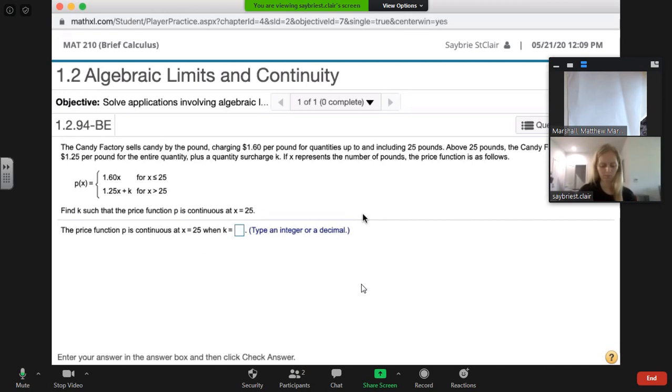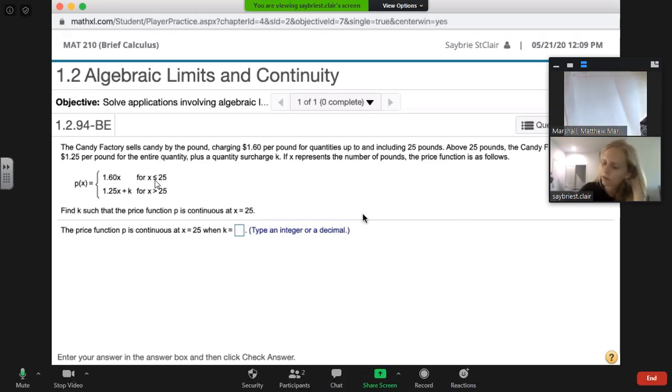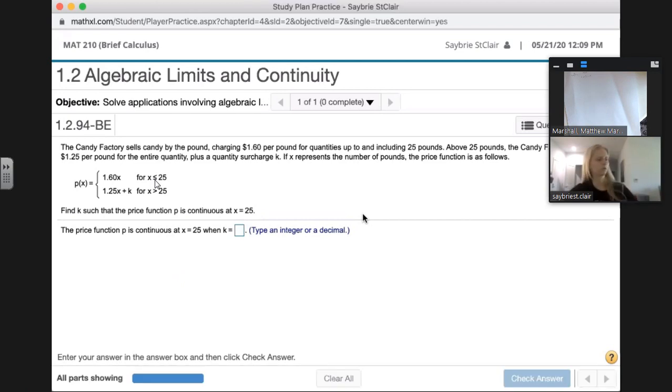So this was kind of like that problem that we did before, that little table, if you remember. Depending on that inequality right there, that first one, the 1.6, it says all numbers less than or equal to 25.